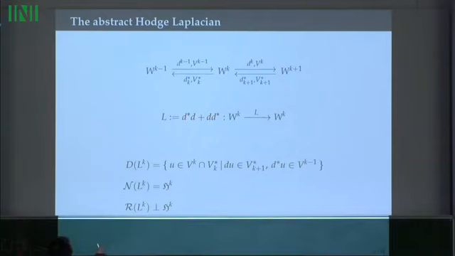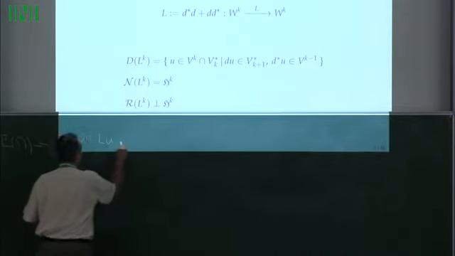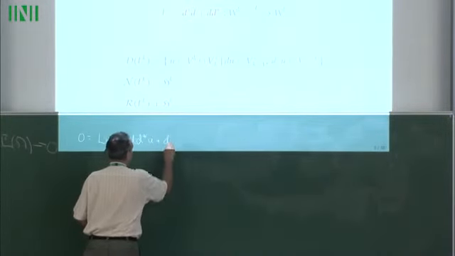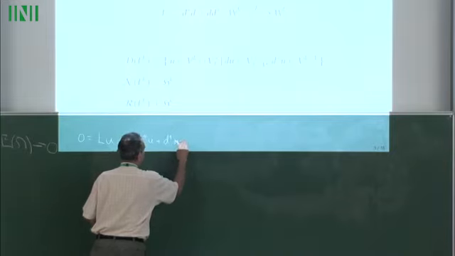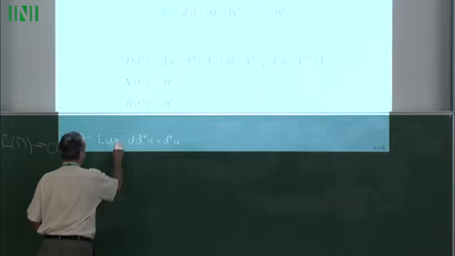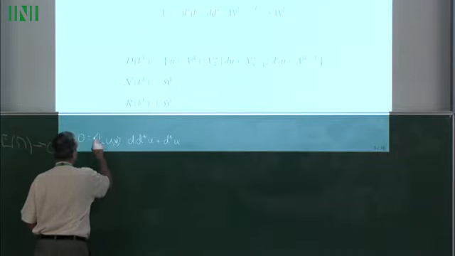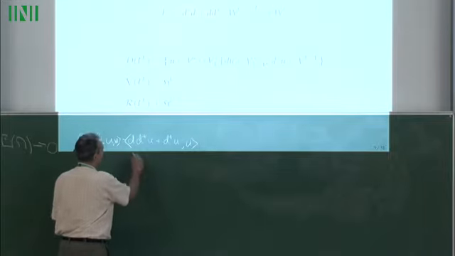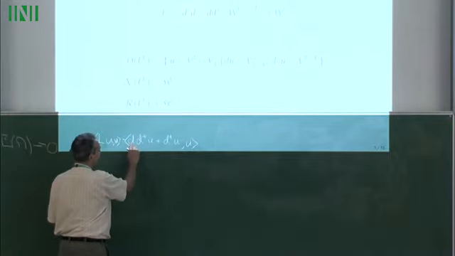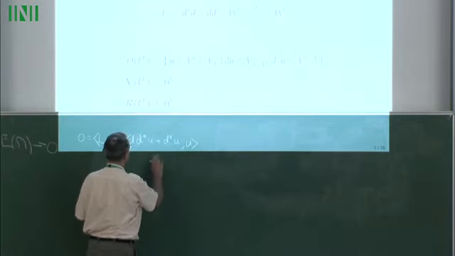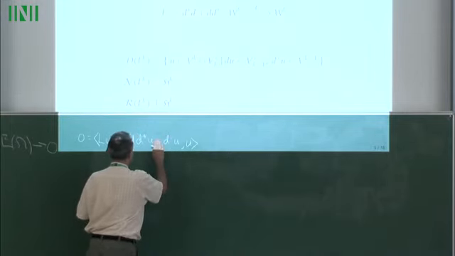Well, if you have L u equals 0, that means D D star u plus D star D u equals 0 in our Hilbert space. Then let's take the inner product of that in our Hilbert space with u. Then from the definition of the adjoint, this D can go over to u D star. Yeah, I'm missing a D, right?